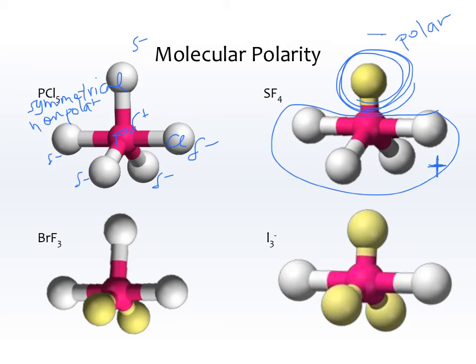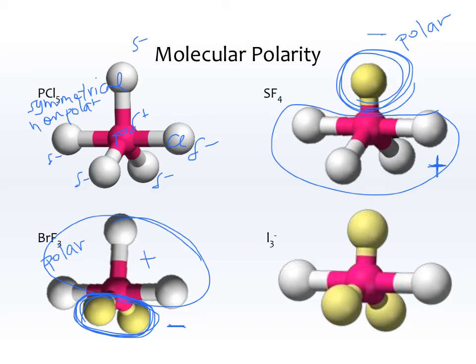Okay, so now we're going to take away 2 of the atoms from the original trigonal bipyramidal and make 2 of them lone pairs. So now we have big giant negative charge where those lone pairs are, and a relatively positive charge where the atoms are. BrF3, or T shape, is polar.